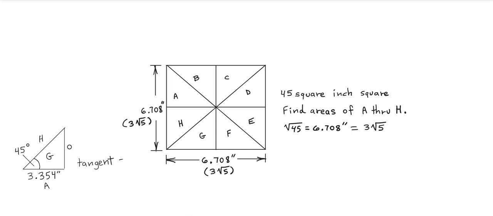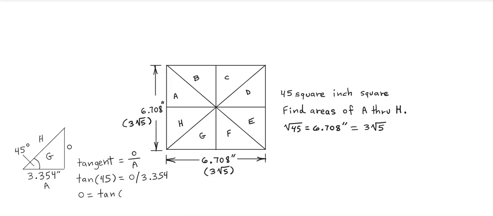So tangent is opposite over adjacent, whereas sine is opposite over hypotenuse, and cosine is adjacent over hypotenuse. So we can use tangent and just find the tangent of 45 made equal to the opposite leg divided into the adjacent, in this case 3.354 inches.